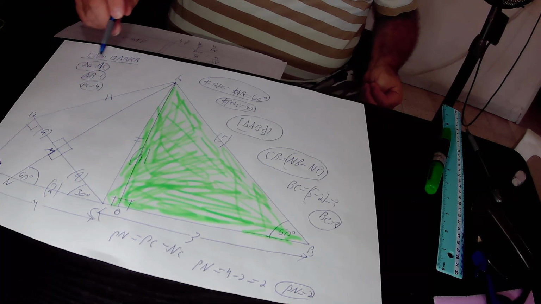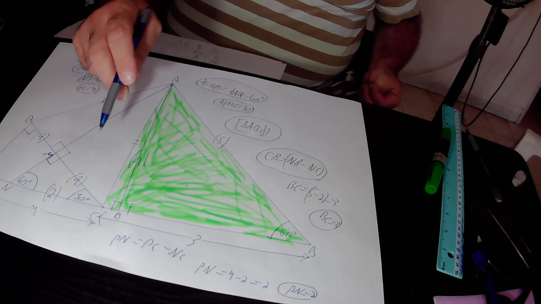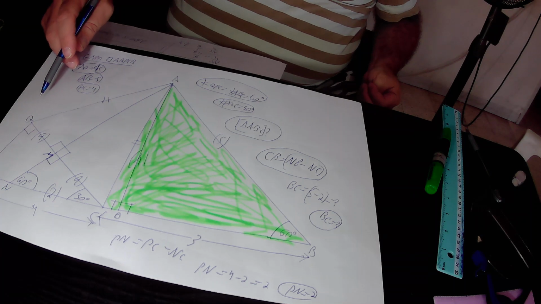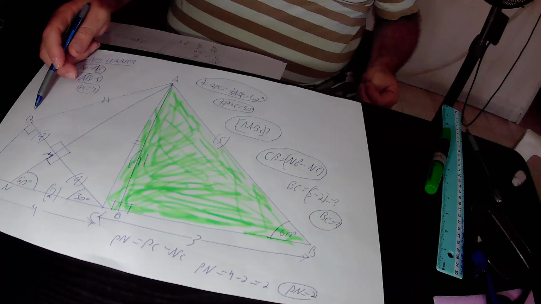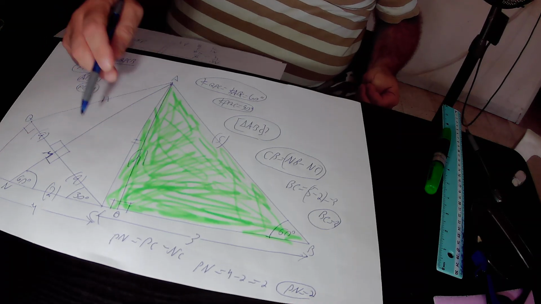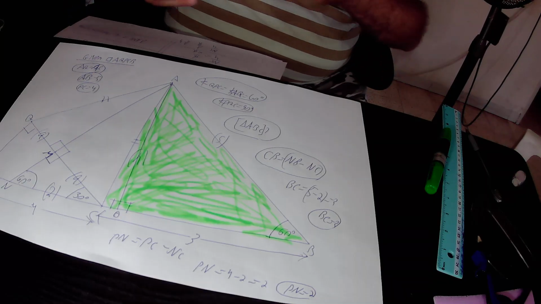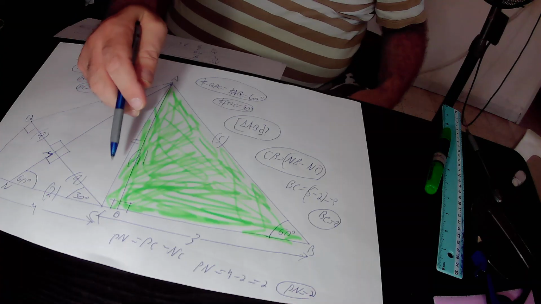That is to say, AM divides the base QC into two halves, QM equals MC. If we define the length of QM as A, then the length of MC must also equal A, because they are equal to each other. So QM equals A, and MC also equals A.